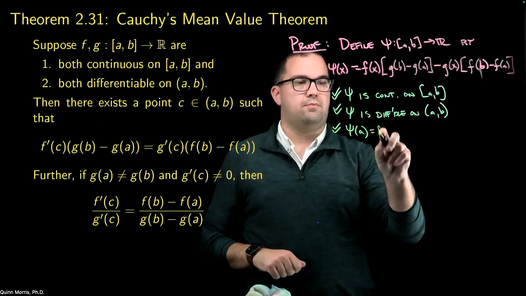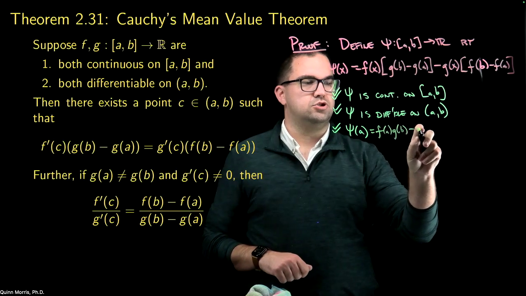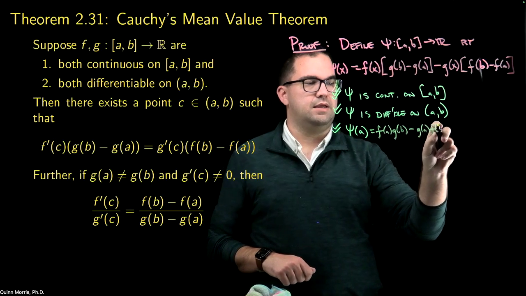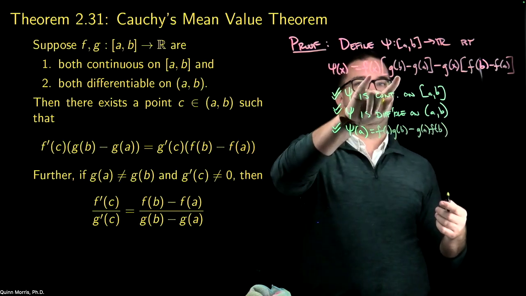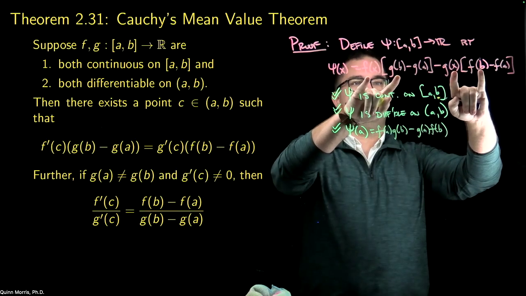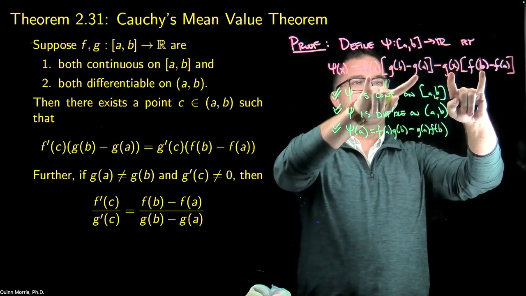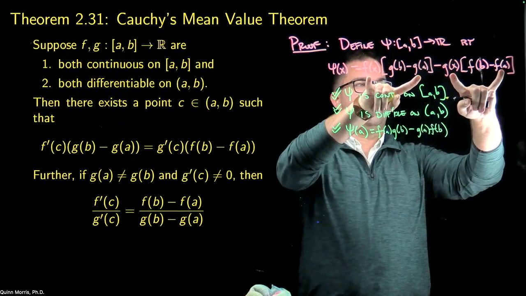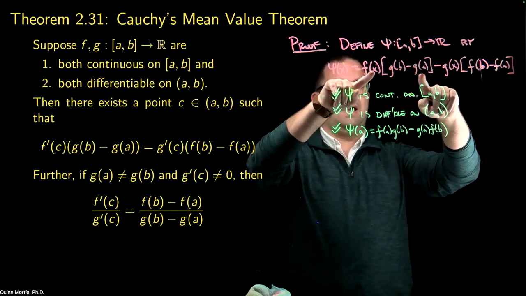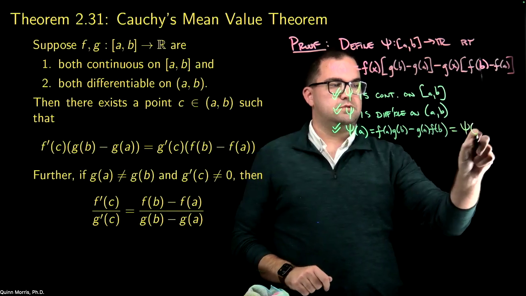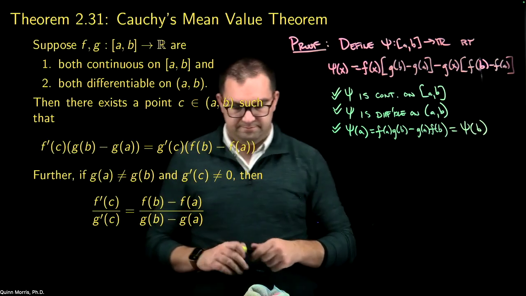And so all we'll end up with at the end is f of a, g of b, minus g of a, f of b. And we can actually check that if we plug in b, the same thing happens. So if we plug in b, then I get a f of b, g of b, minus a g of b, f of b. So those will cancel out. And the only things I'll be left with are going to be a f of a, g of b, minus over here a g of a, f of b. So again, just checking the algebra there, I get this. So I can apply Rolle's theorem.